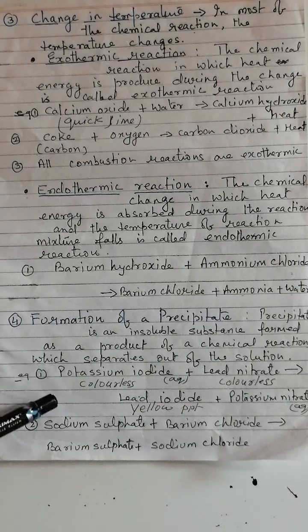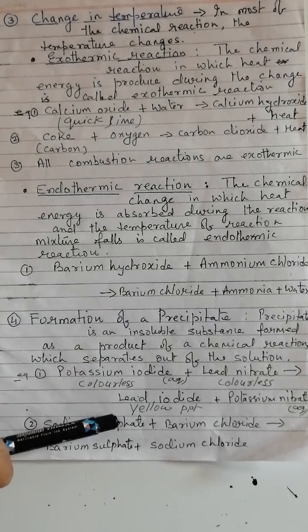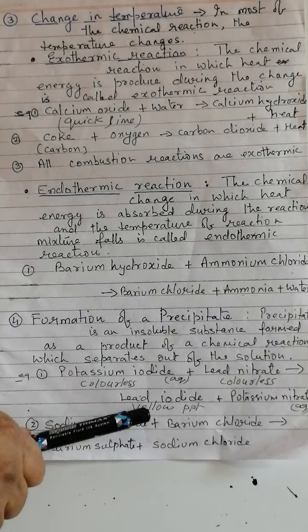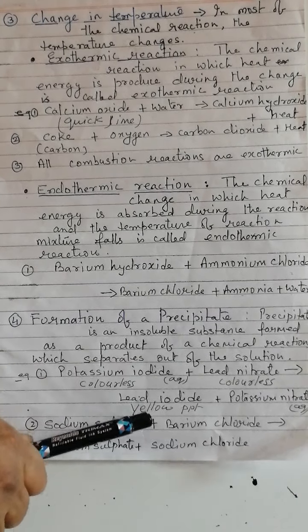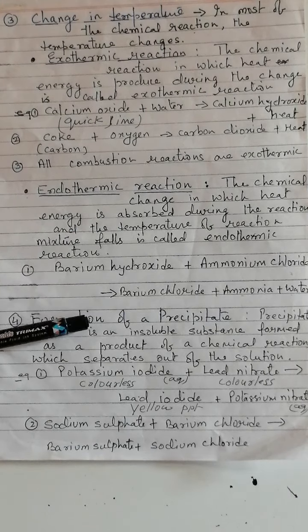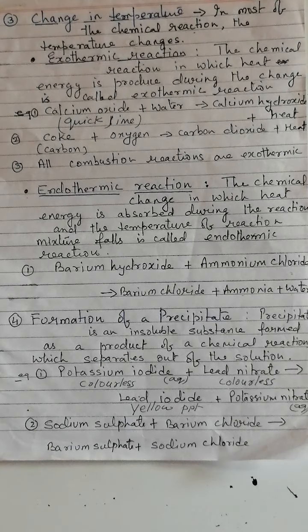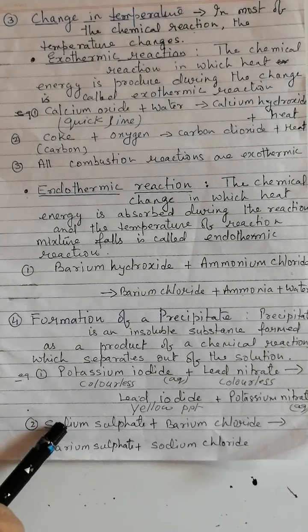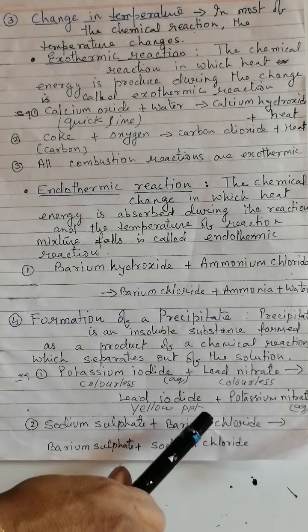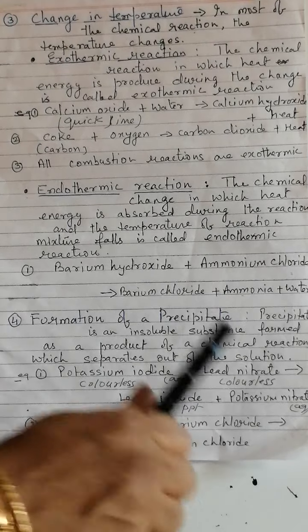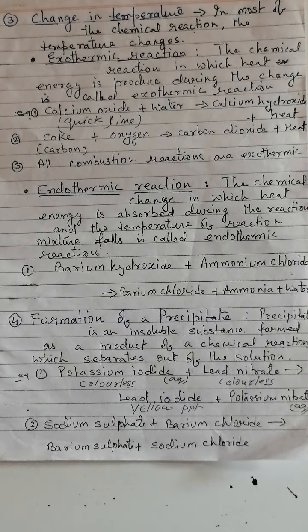So here you can find two types of characteristics. One is a change in color, that means colorless solution to yellow precipitate. At the same time, we can keep this under the characteristic of formation of precipitate. Likewise, when you take sodium sulfate aqueous solution mixed with barium chloride, which is also in aqueous solution, both the solutions are colorless.